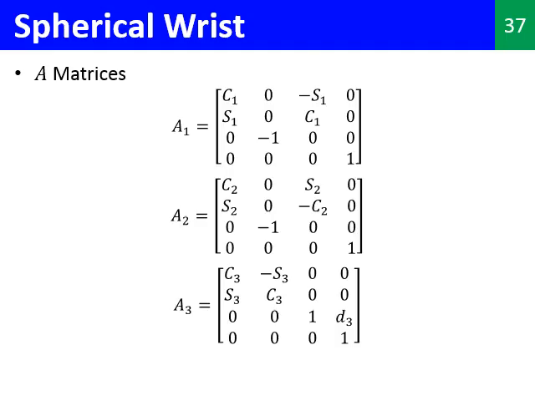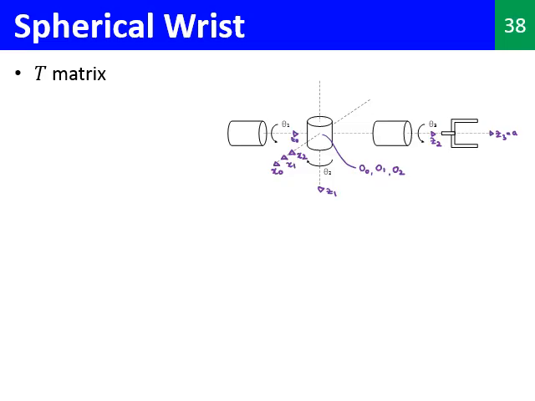Okay, so if you work out the A matrices, you will get the following matrices from the DH table: A1, A2 and A3. We can find the end effector transformation matrix, and that is going to be T03. So this is equal to A1 times A2 times A3.